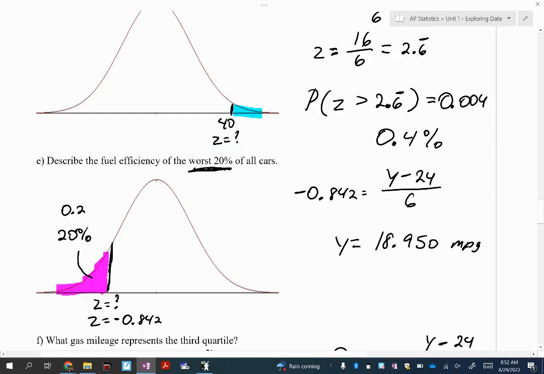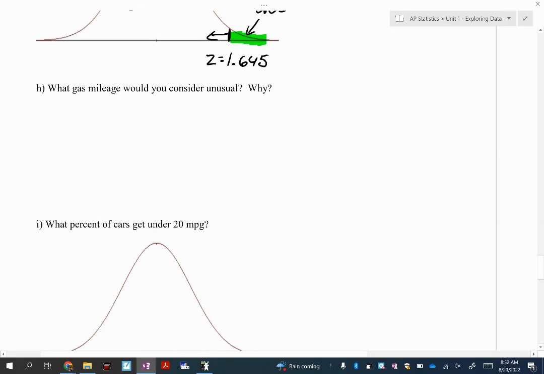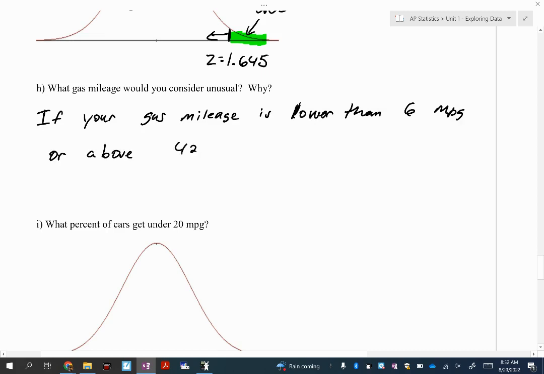I'm going to say if your gas mileage is lower than 6 miles per gallon or above 42 miles per gallon, then your car would be considered unusual.